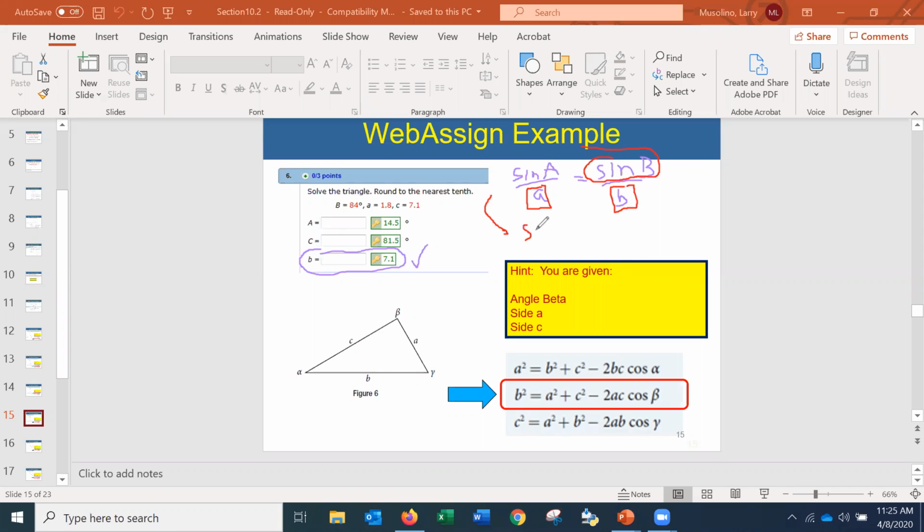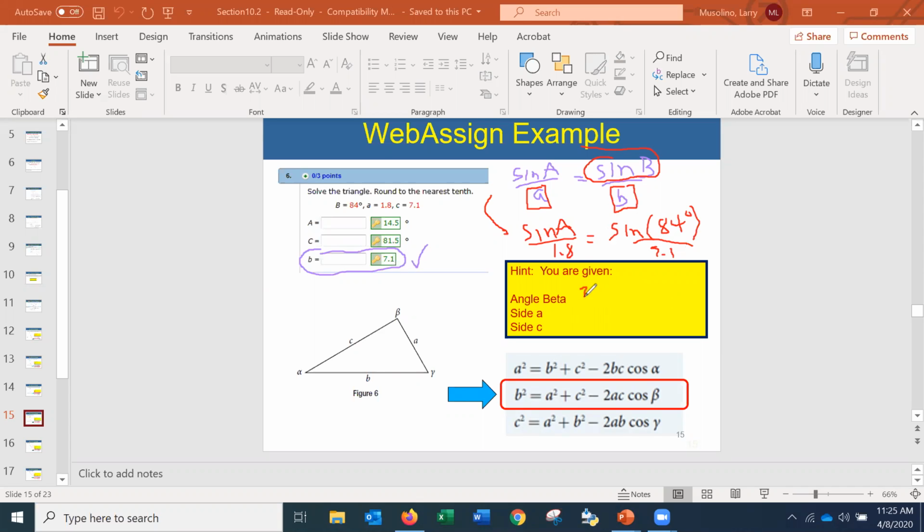So this is going to be sine A over 1.8 equals sine B, but that's sine 84 degrees. And side B, we figured out, was 7.1. All right, now cross multiply.